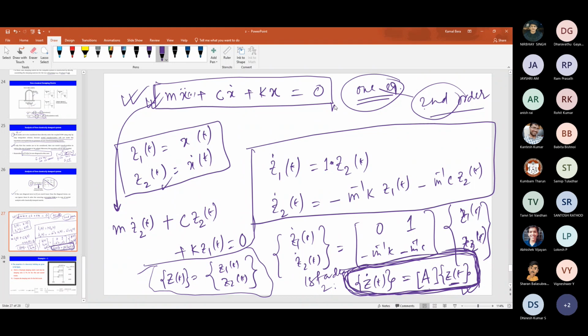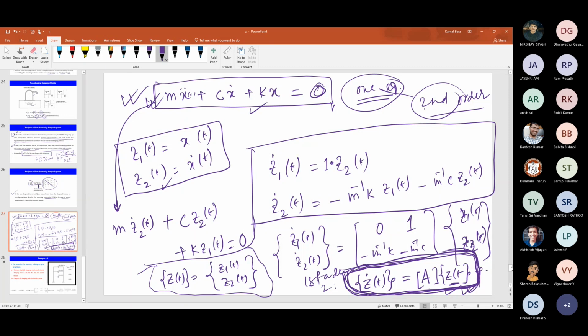In electrical engineering, modern control theory, people write equations in first order form. This is not the complete form; if there is a force term or other term, there will be some plus terms. But we convert this second order equation to a first order equation, and this is called the state space equation.